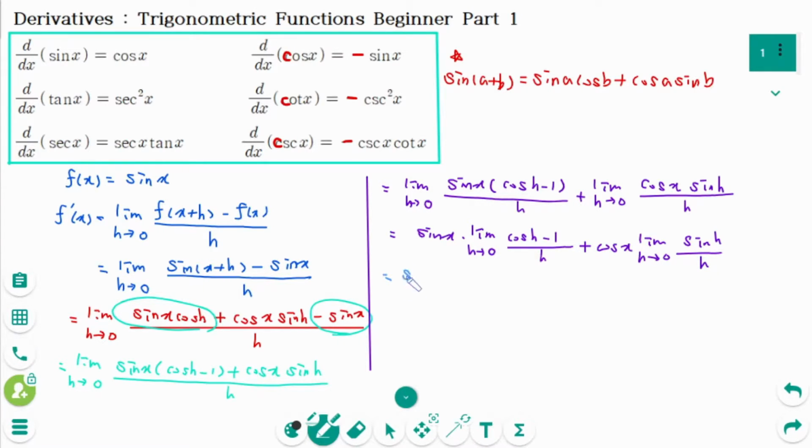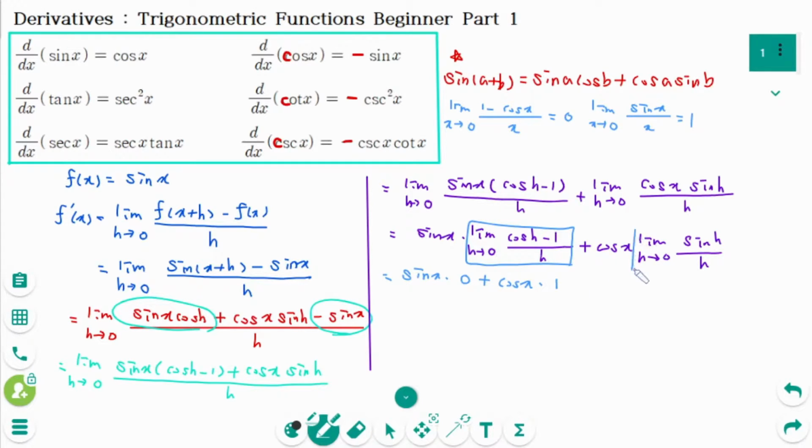Then sin x times, please remember, limit as x approaches 0, (1 minus cosine x) over x equals 0. So this one equals 0 plus cosine x times limit as x approaches 0, sin x over x equals 1.